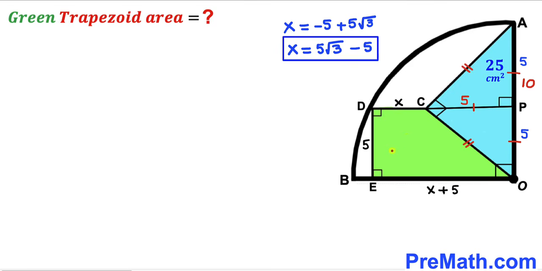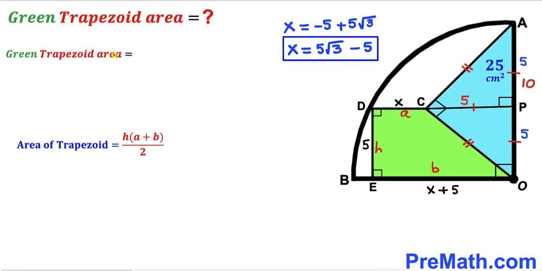Now we are going to calculate the area of this green shaded trapezoid. And now let's recall the area of a trapezoid formula. Area equals to height h times the sum of the bases a plus b all over 2. And in our case, our height h is 5 and our bases are x and x plus 5.